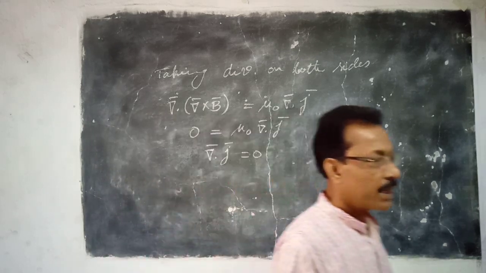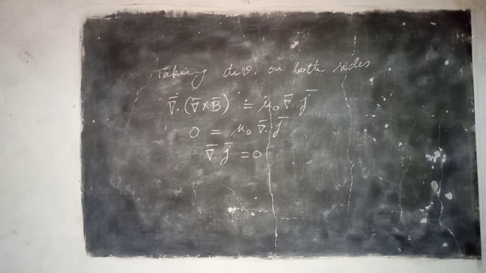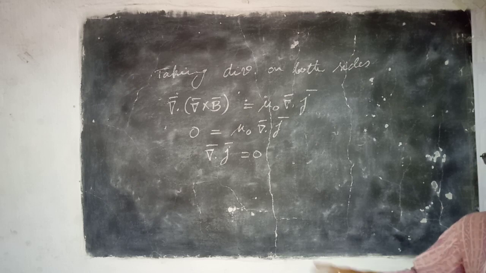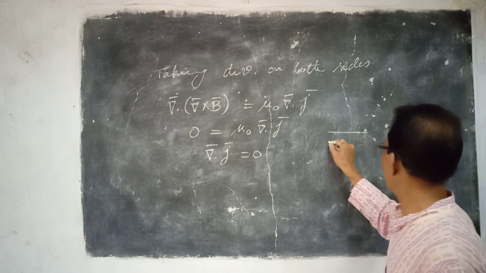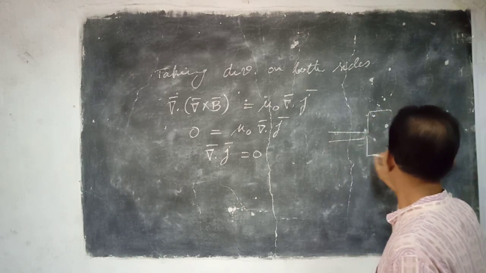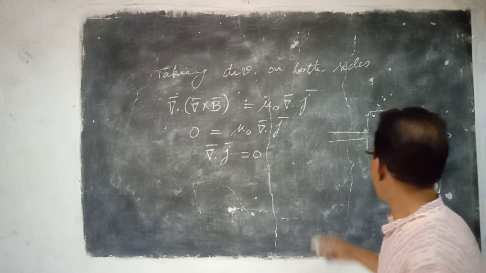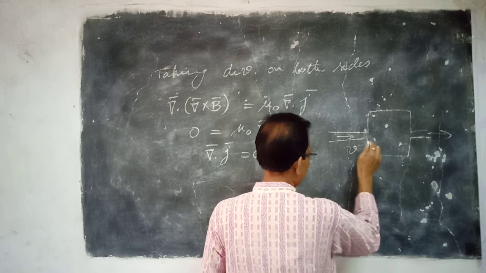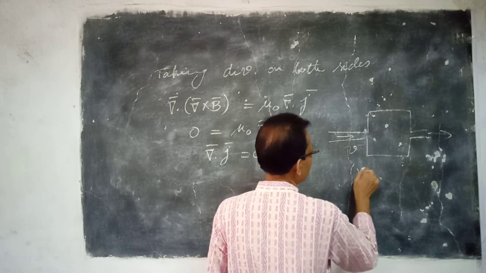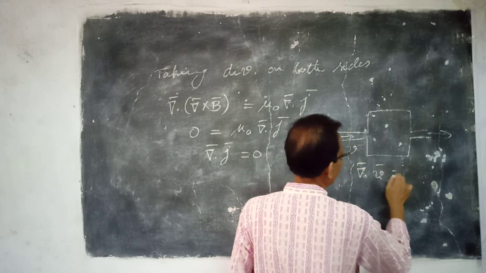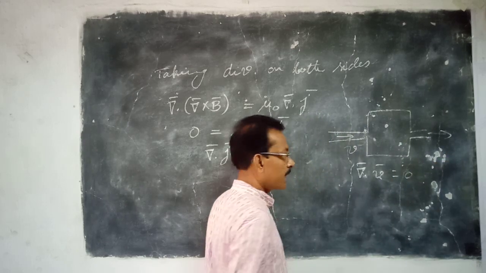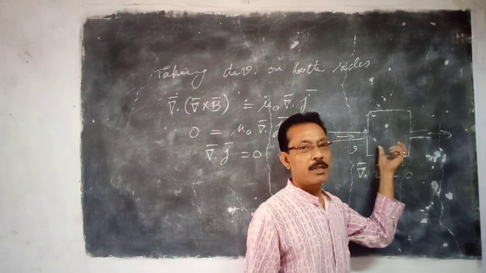Divergence of a vector quantity is 0, that means it is a uniform flow. Divergence of velocity is 0, that means, suppose a fluid is moving through a tank with the velocity v, and in that case if we find the divergence of v equal to 0, that means the uniform motion is here and the fluid is called incompressible.